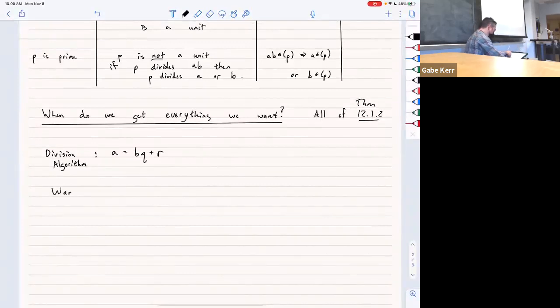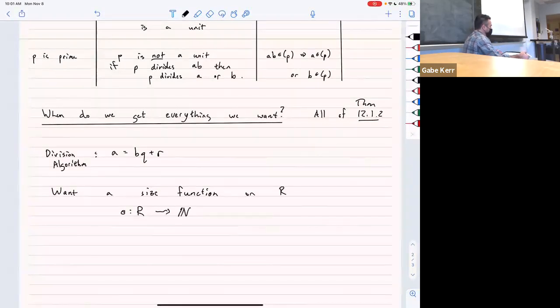We want a size function on our ring. Martin calls it sigma, and we'll take all elements of R, maybe not zero, depending on who you talk to, to the natural numbers.